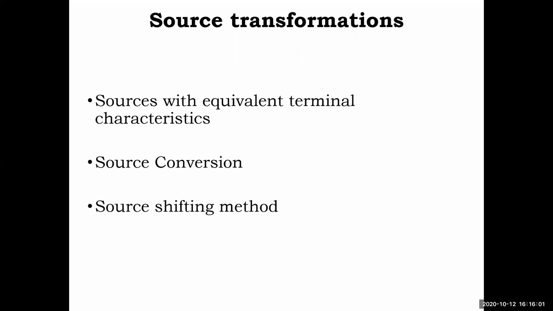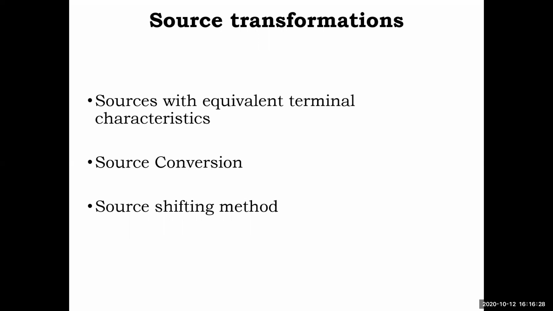This is the first elementary operation we'll be checking in the given problem. Then, depending on the problem, we will do source conversion or source shifting methods. In some cases we need to apply first source shifting, then source conversion, and then terminal characteristics, or any order. So source transformation basically involves these three steps.